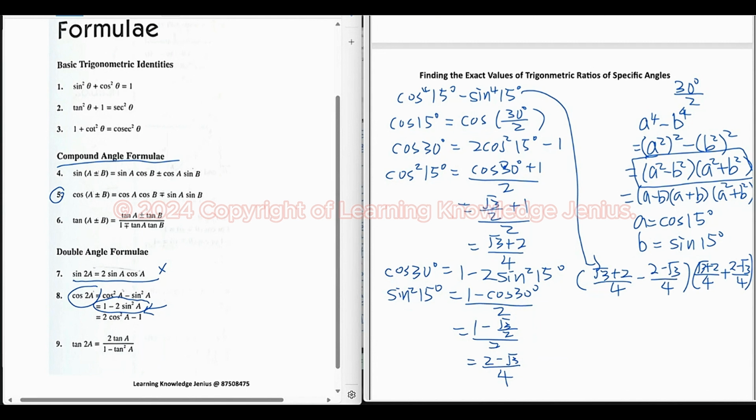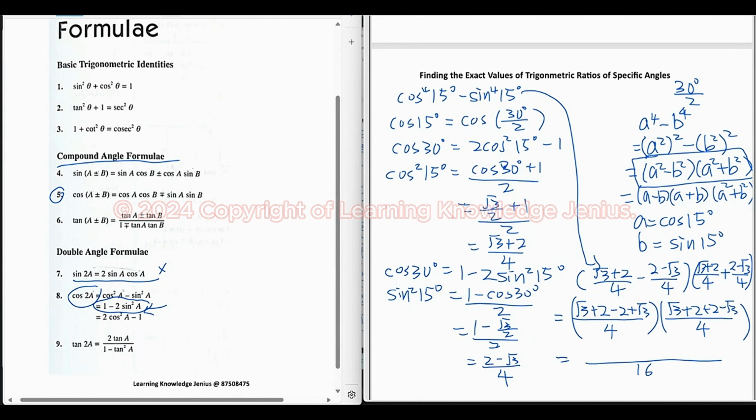Then I will just simplify. So it will be square root 3 plus 2 minus 2 plus square root 3 here, whereby the other one is square root 3 plus 2 plus 2 minus square root 3. You realize the denominator can combine to be 16 here.